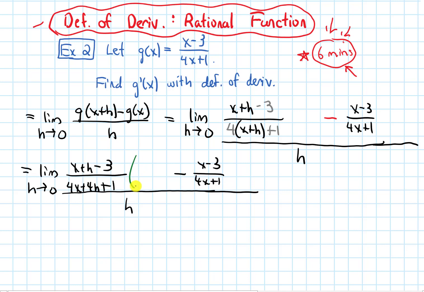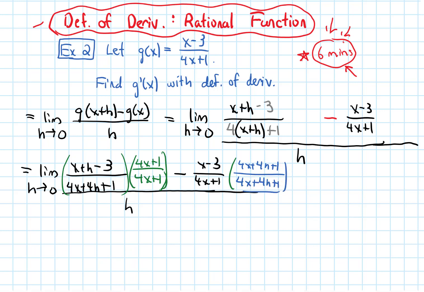I'll multiply this first fraction on the top and the bottom by this other denominator, 4x plus 1 over 4x plus 1, with big parentheses. And then I'll multiply this other fraction top and bottom by my other denominator, 4x plus 4h plus 1. So we have the limit as h approaches 0.